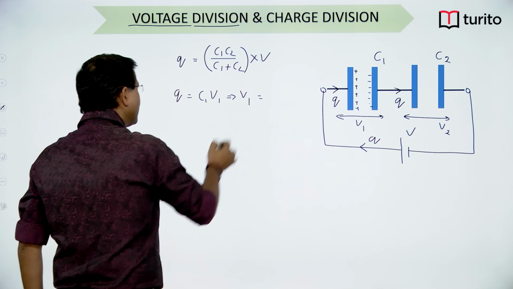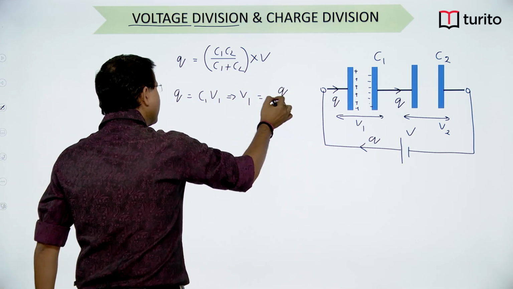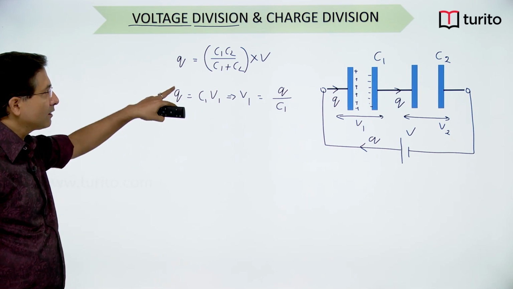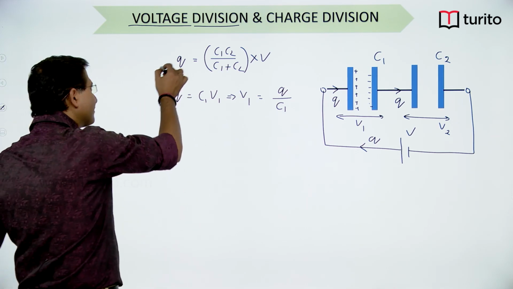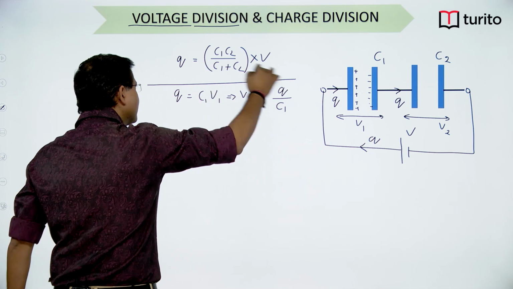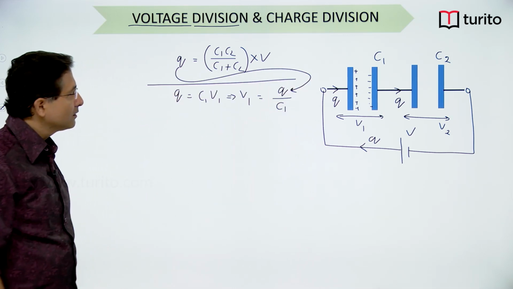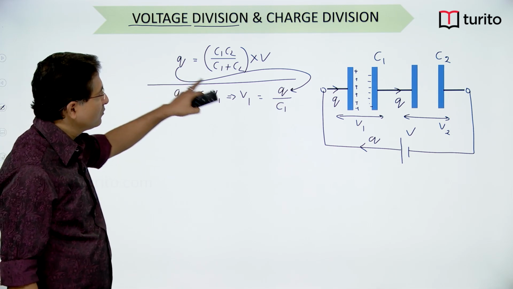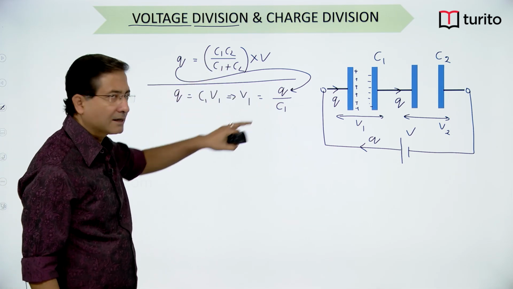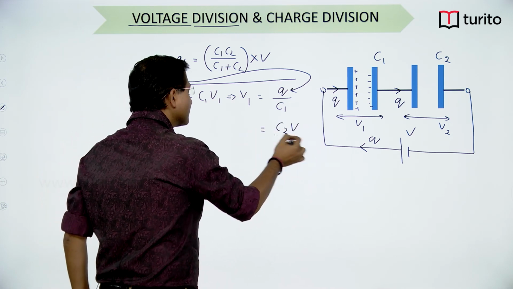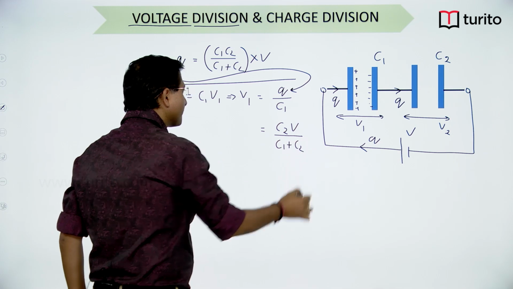So, V1 is equal to Q divided by C1. That Q which I have calculated here, I can substitute in the equation. If I substitute this charge here, this C1 and this C1 will get cancelled out, and you can see what we are getting. We are getting C2V upon C1 plus C2.